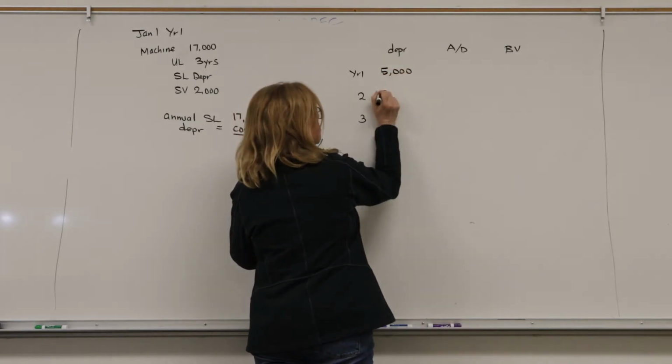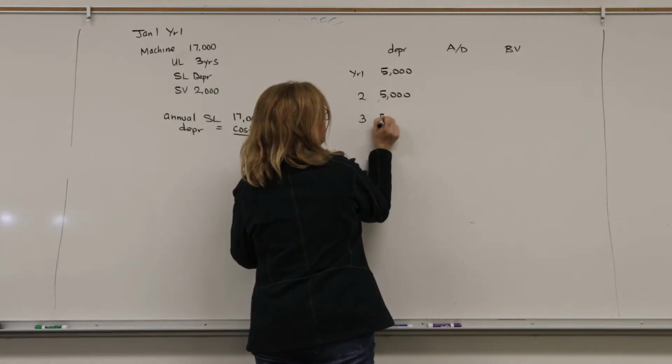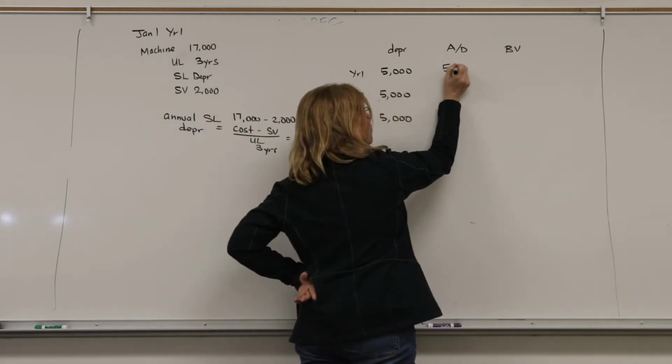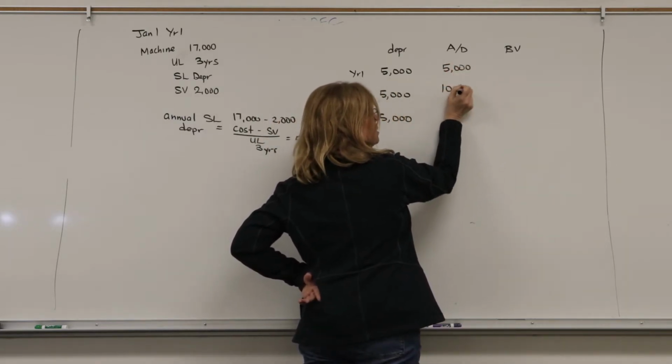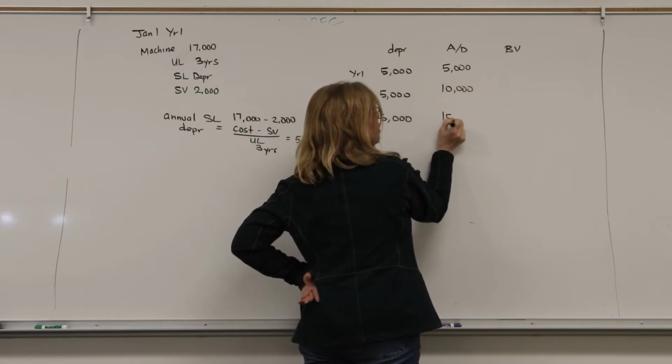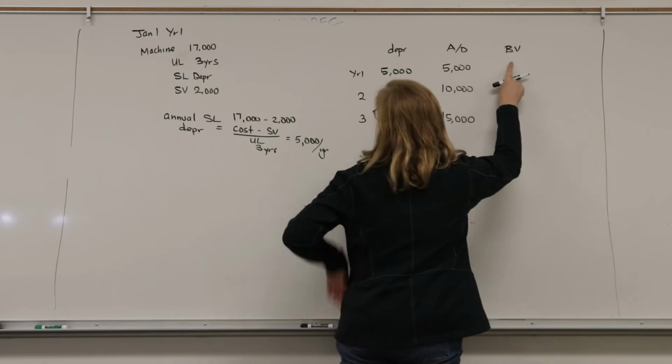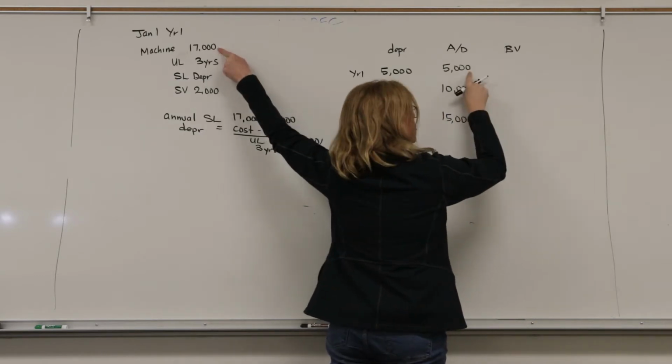$5,000 a year. The accumulated depreciation, $5,000 in year 1, $10,000 in year 2, $15,000 in year 3. Book value, I paid $17,000, we've depreciated it at $5,000.